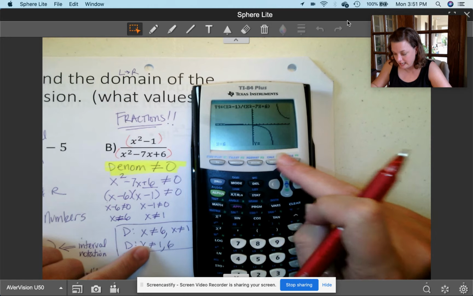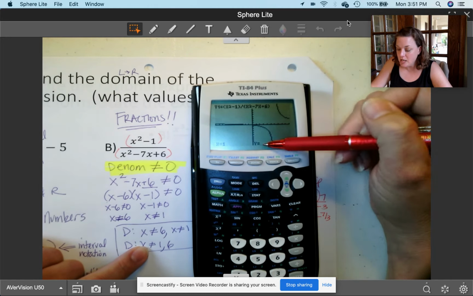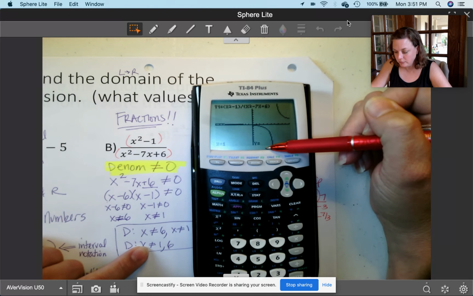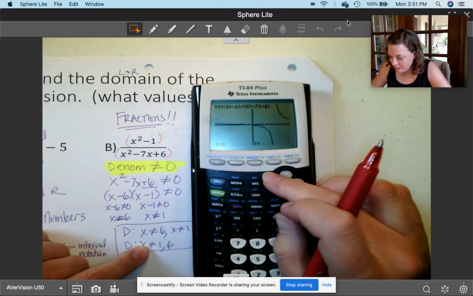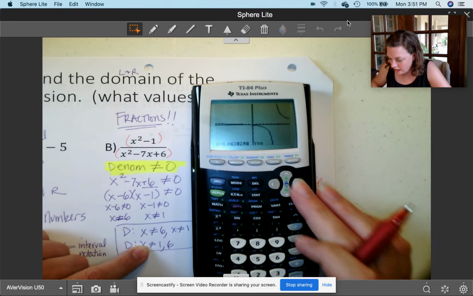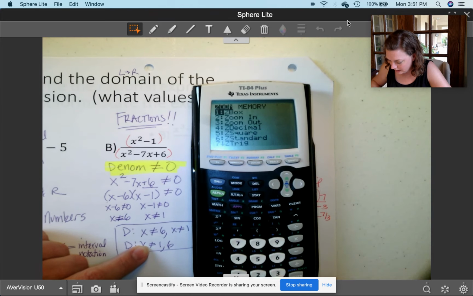But other times, watch this, we're going to do that again. I'm going to trace 1, enter. And there's another thing here that's undefined at 1. That's actually a hole in the graph. I'm going to zoom in around x equals 1.